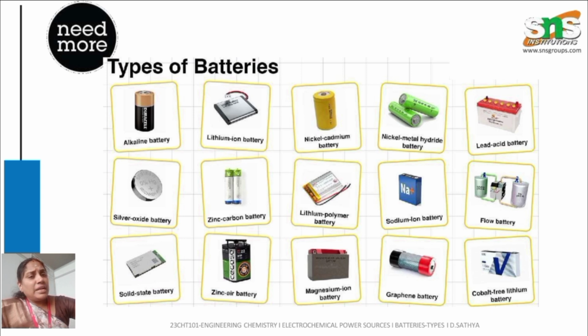Nowadays a lot of research goes into these types, especially the alkaline battery, lithium-ion battery and lead acid battery. They are very important in day-to-day life, because the alkaline battery is used in watches and clocks. The lithium-ion battery is used in laptop chargers and for charging mobile phones. The lead acid battery is the UPS battery.